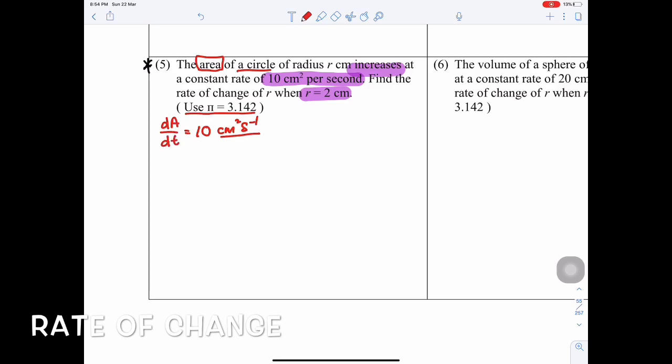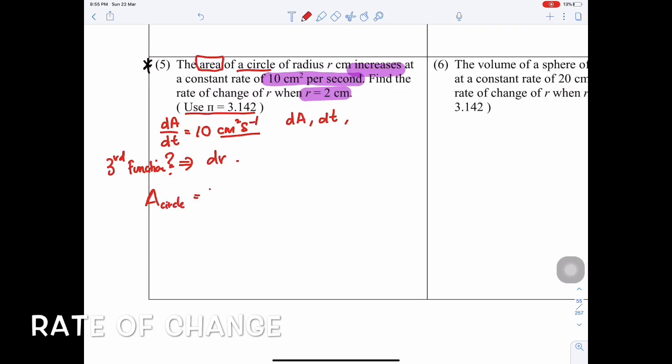dt. What is the third function? Since dA and dt are involved, the third function is dr. What is the area of a circle?